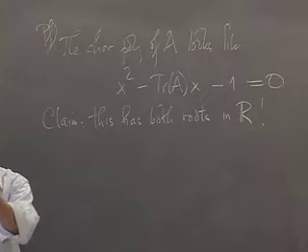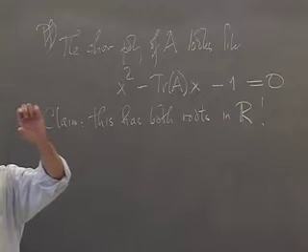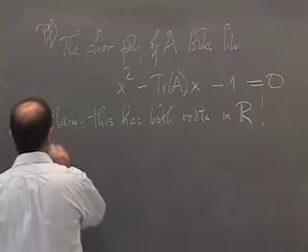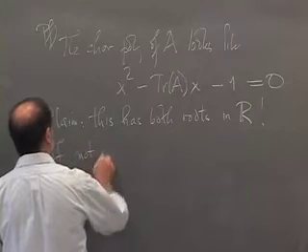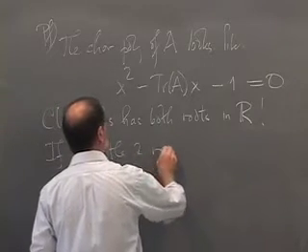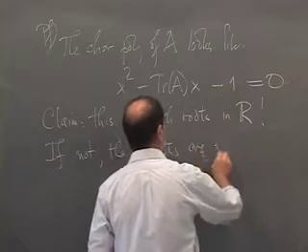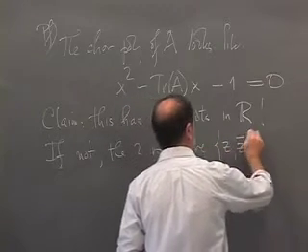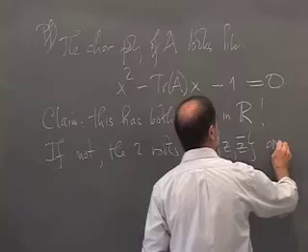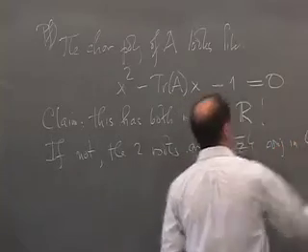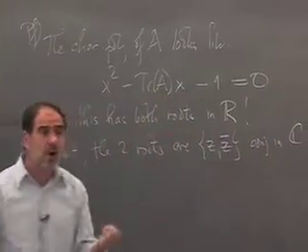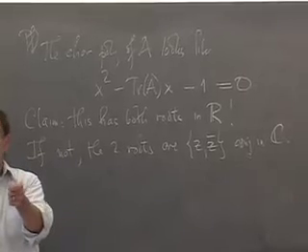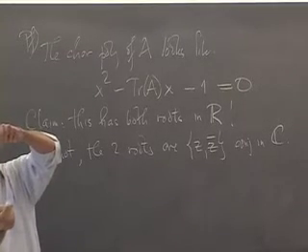Because if it didn't, its roots would be complex conjugate. Because if you have a polynomial with real coefficients, either it has two roots that are real or its roots are complex conjugate.